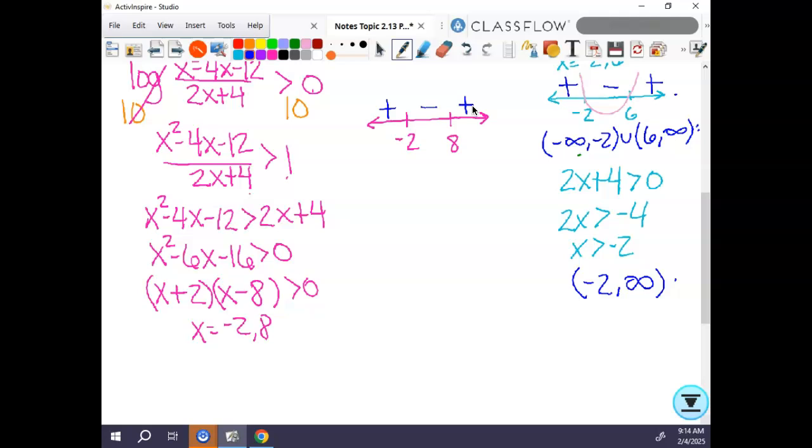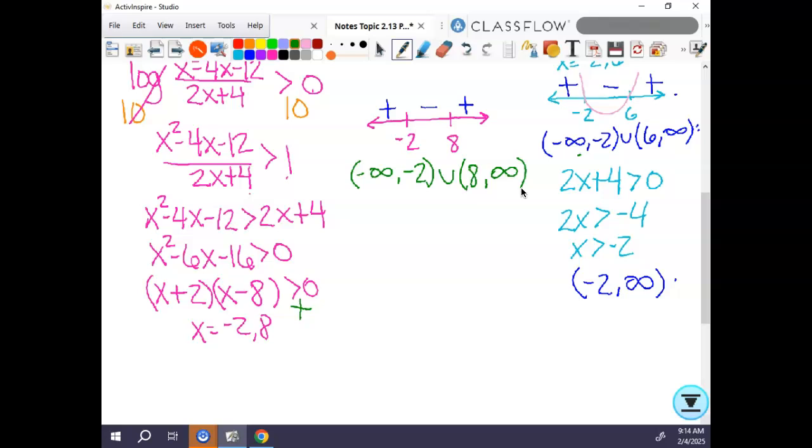Everybody understand why that's happening? That's one thing that makes it easier because we're dealing with these quadratics. Now, it says I want it to be greater than 0. Greater than 0 means positive. So the positive part here goes from negative infinity to negative 2, and from 8 to infinity.